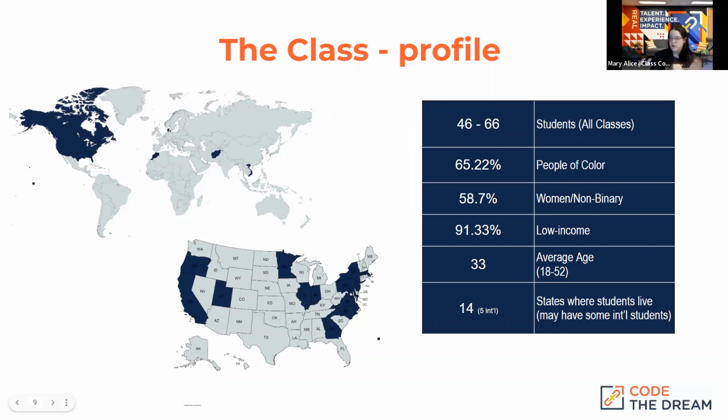About 65% are people of color, 58.7% are women or non-binary, 91.33% are from low-income backgrounds. Average age is between 18 and 52, with the average being 33. And students across the classes are represented across 14 states in the United States. You can see from the map here, it's all over, in practically every time zone.